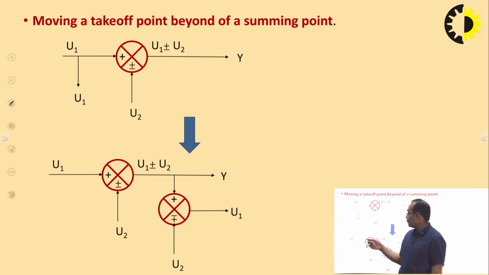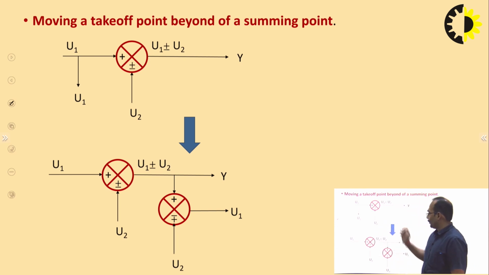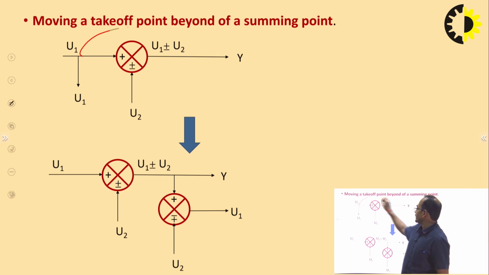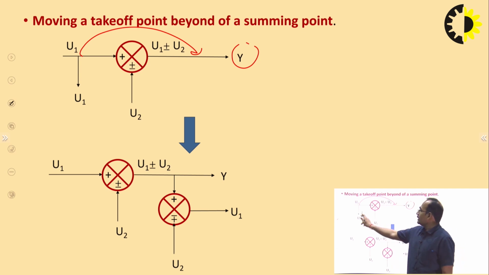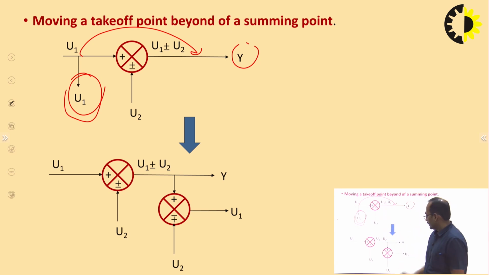Now next is moving a takeoff point beyond a summing point. Now I want to shift this takeoff point after this summing point. You can see here again the output is the same, u1 plus minus u2. The output of this summing point is u1, so the output of this summing point should be u1.